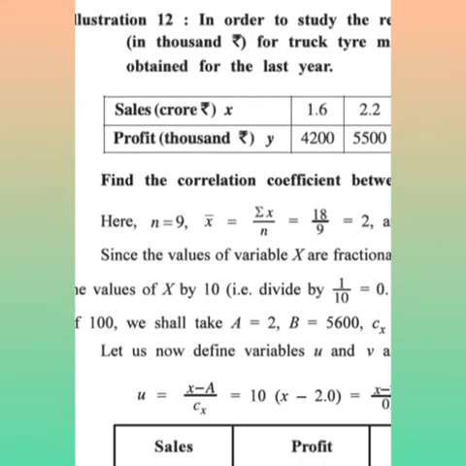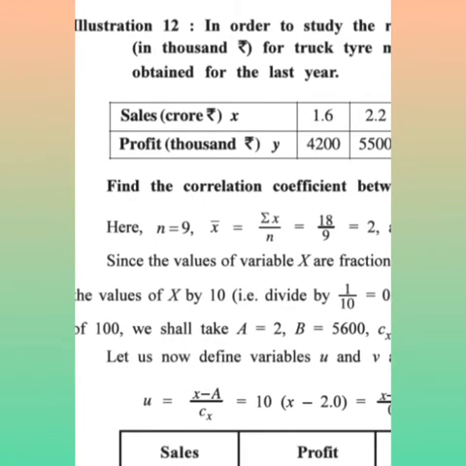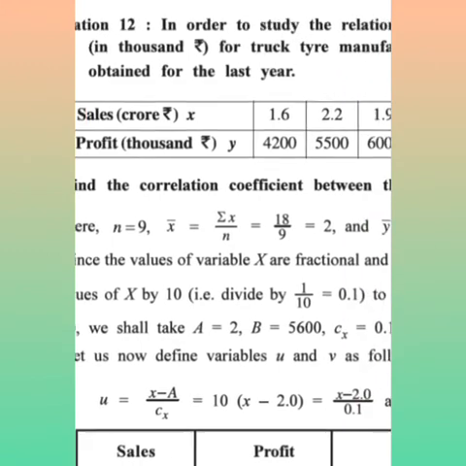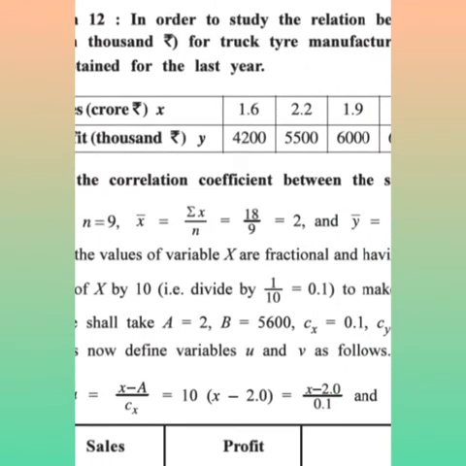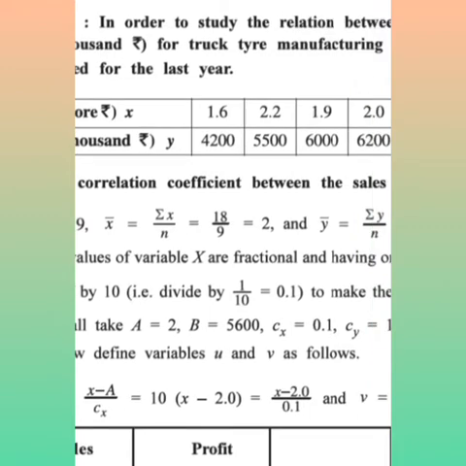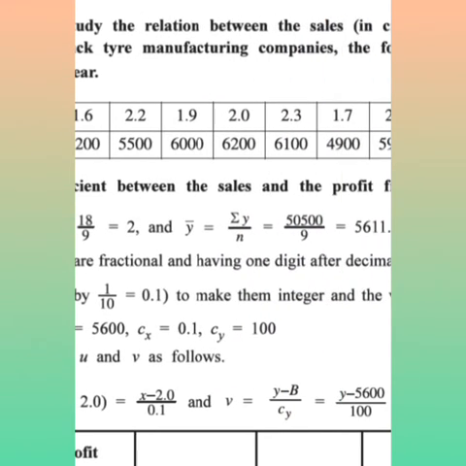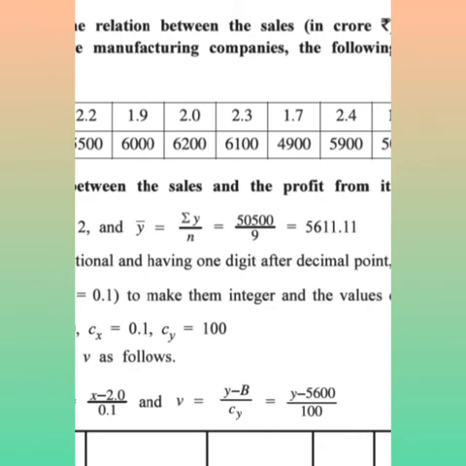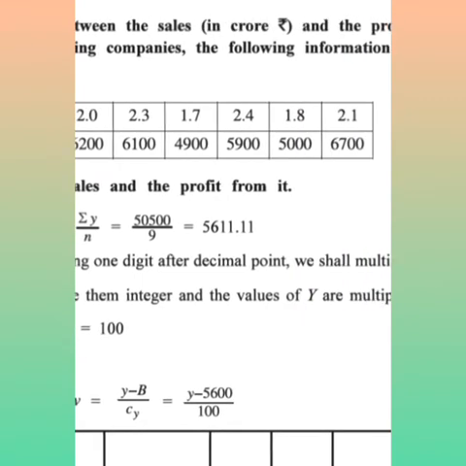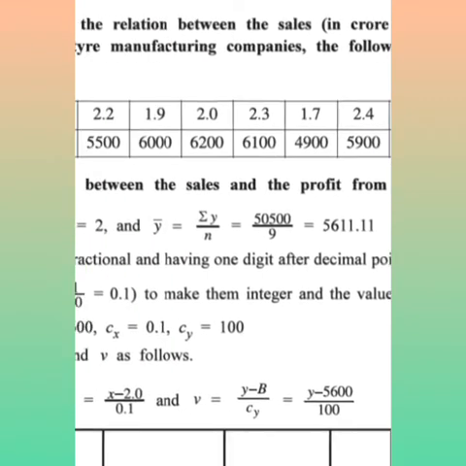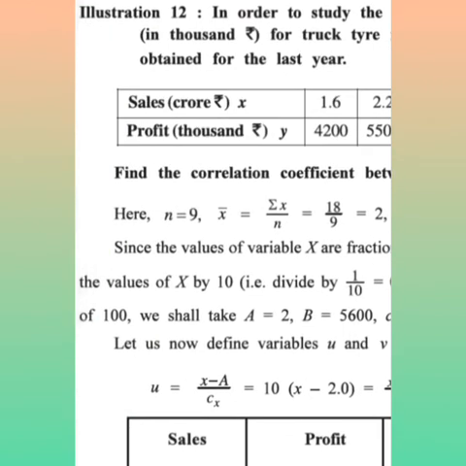Now see over here, sales have been given to you in crores. There's a variable x, but see children, all these numbers are in decimal: 1.6, 2.2, 1.9, 2, 2.3, 1.7, 2.4, 1.8 and 2.1. Similarly, the profit is in thousand actually, right?